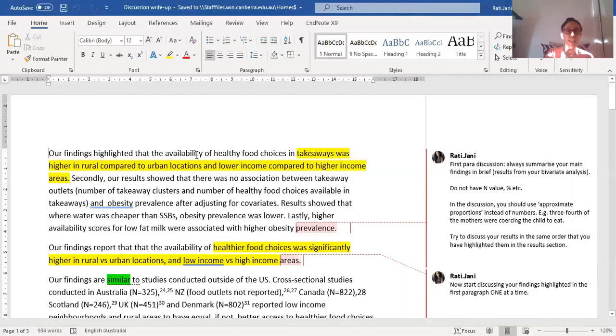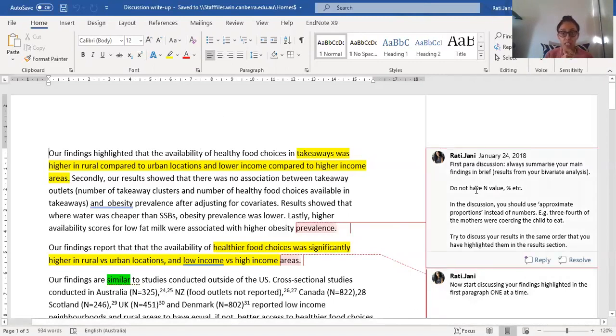Okay, so basically, guys, you have to very briefly summarize the key thing which you found out of the SPSS analysis which you have done.